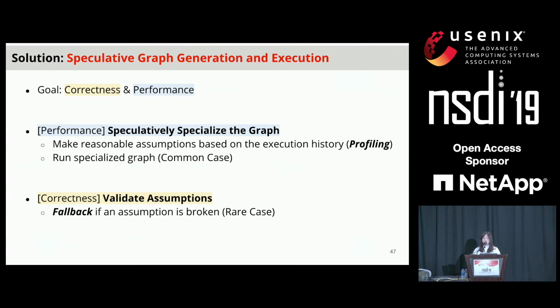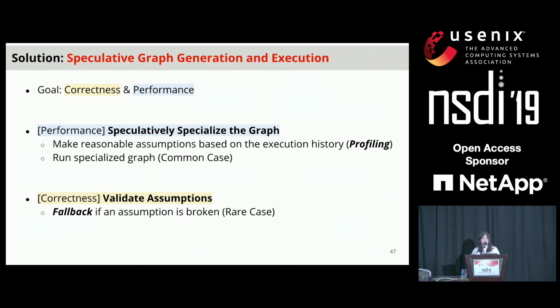JANUS first profiles the program execution a few times and speculatively generates a specialized graph based on the profile information. When training deep learning models, it is common to run a particular code block multiple times to apply the iterative gradient descent optimization algorithm. Therefore, running the specialized graph is likely to be valid for such repeated executions.